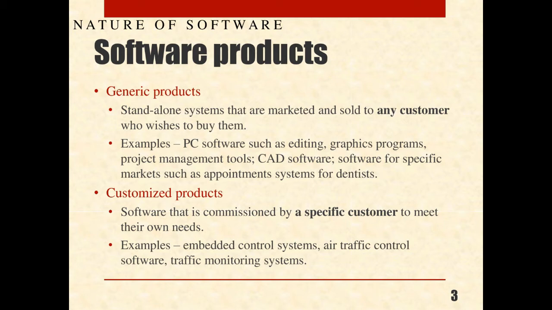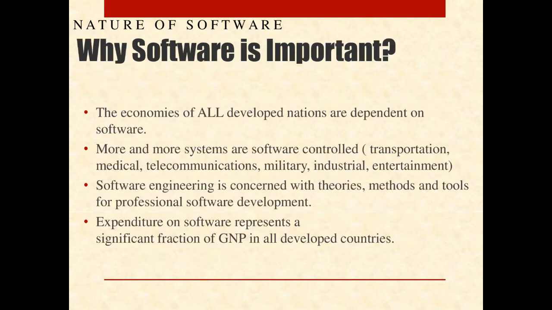Example: personal computer software such as editing, graphics programs, project management tools, CAD software, software for specific markets such as appointments, systems for dentists. Coming to customized products, software that is commissioned by a specific customer to meet their own needs. Example: embedded control systems, air traffic control software, traffic monitoring system.